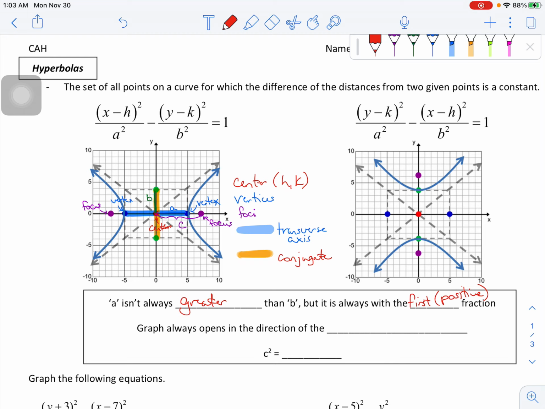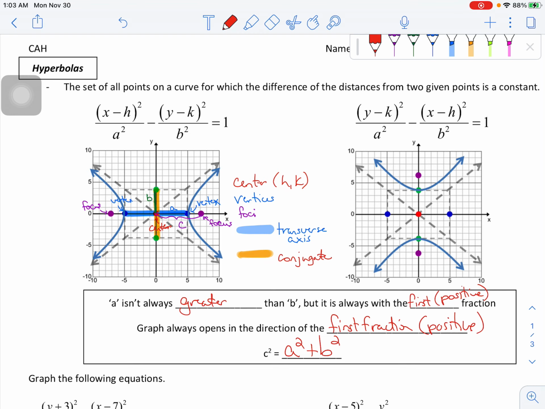The graph always opens in the direction of the first fraction, again in parentheses positive, because I have seen equations written where the negative value comes first, so just be careful. The relationship between a, b, and c is defined by c squared equals a squared plus b squared.